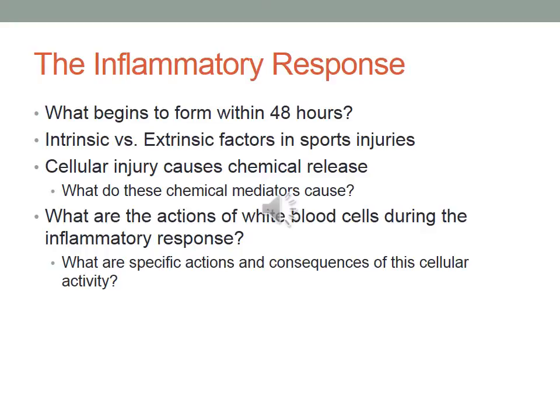So those free radicals also have a tendency to go and do damage to other healthy cells in the region as well. So again, we need the inflammatory response in order to heal. The problem is some of the side effects of it can inhibit, or not necessarily prevent healing, but will definitely slow it down. Remember, everything is going to heal at some point. It's just a matter of how we manage it and controlling the inflammation process. Not so much eliminating inflammation, it's controlling that's going to be important.